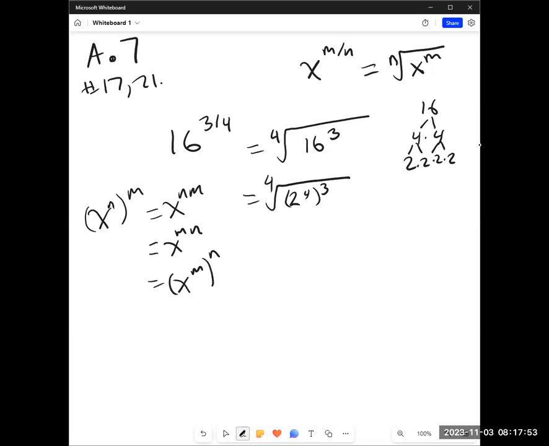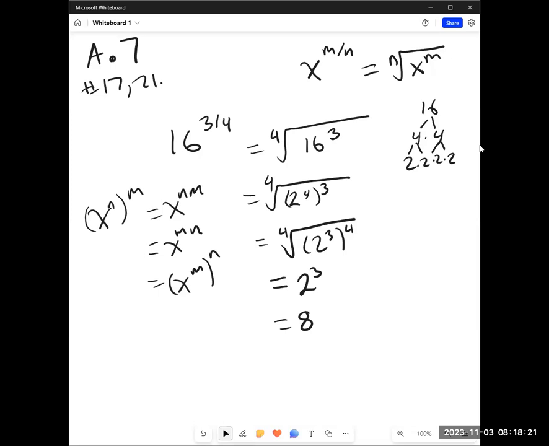I'm going to switch the places of these exponents. It doesn't change anything with the problem, since 3 times 4 and 4 times 3 are the same thing. But what I see here is this 4th root and this 4th power are now going to make each other go away. And this is 2 to the 3rd, which is 8.